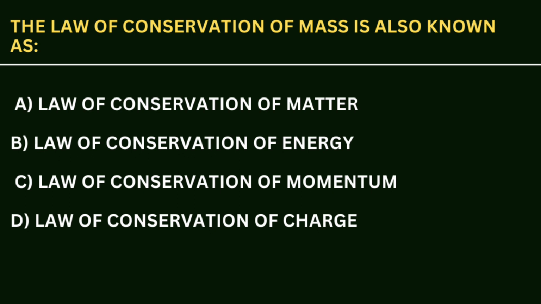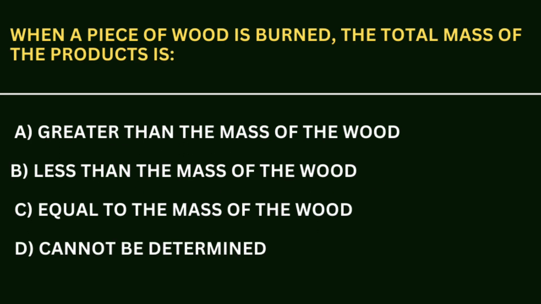The law of conservation of mass is also known as option A, the law of conservation of matter. When a piece of wood is burned, the total mass of the products is option C, equal to the mass of the wood.